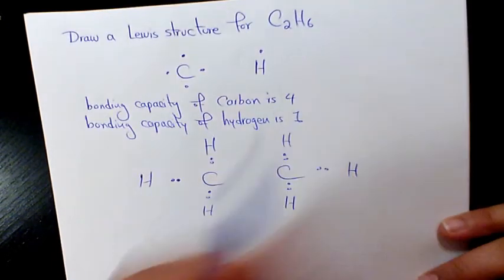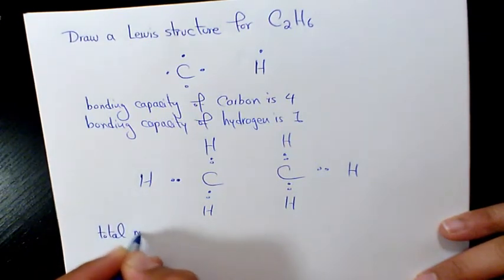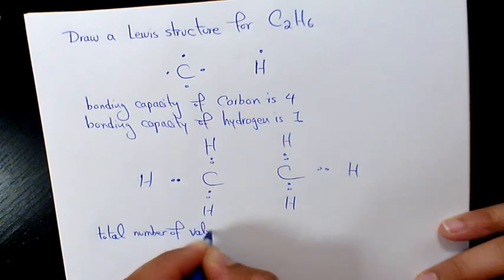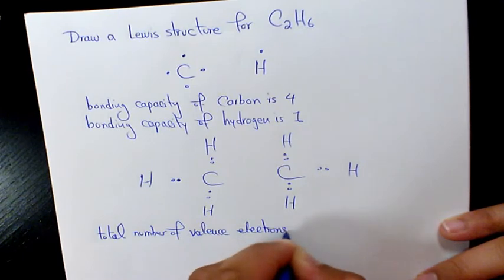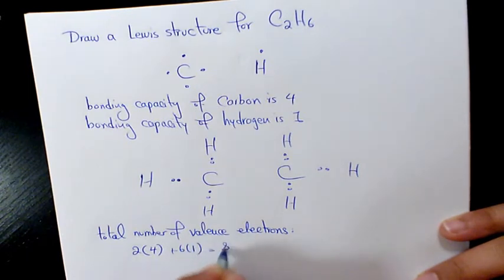I forgot to mention that we need to find the total number of valence electrons, which is going to be 2 times 4 plus 6 times 1. So it's going to be 8 plus 6, which is 14.